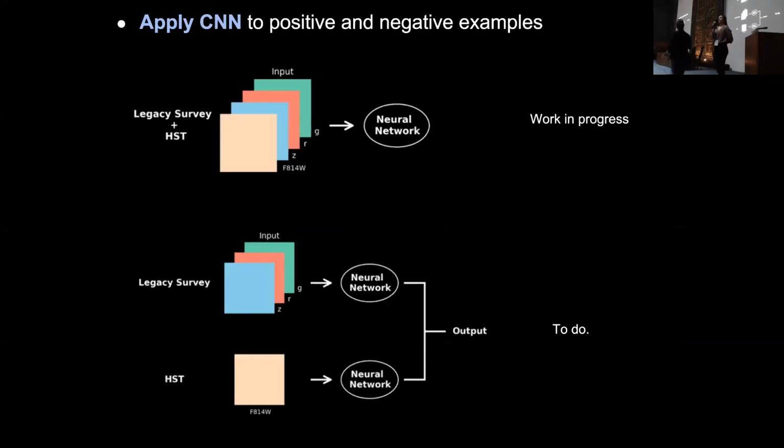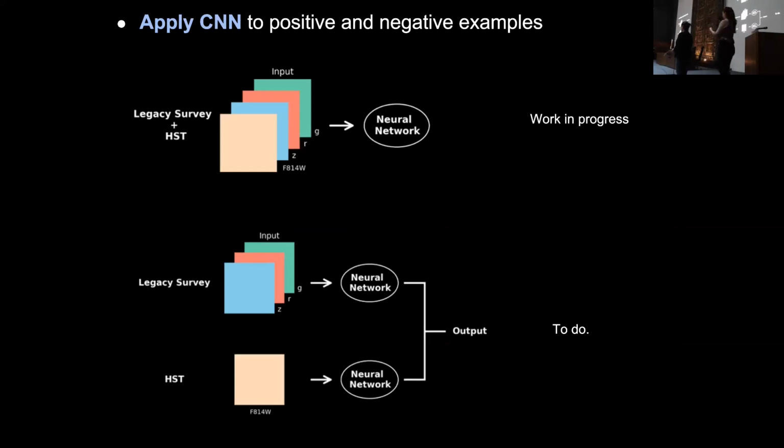Here you are still using the Legacy Survey, but I wonder how you would expect this to change once you use Euclid, because Euclid will give you better resolution, and probably the colors will change.